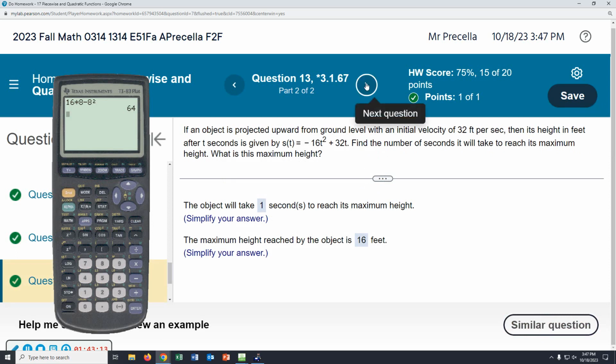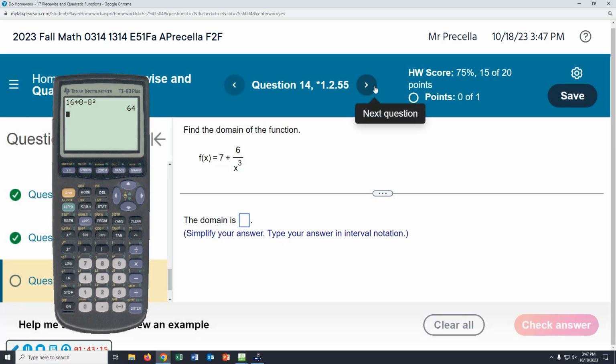Number 14 is a review. Find the domain, and so forth. What's the one number X can't be here? We can't have a 0 in the bottom of a fraction. So in the olden days, you would say the domain is all real numbers except 0.